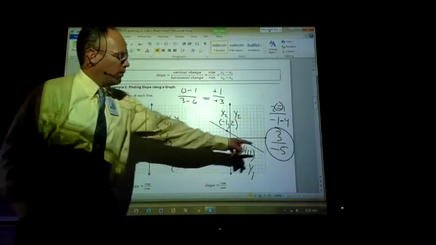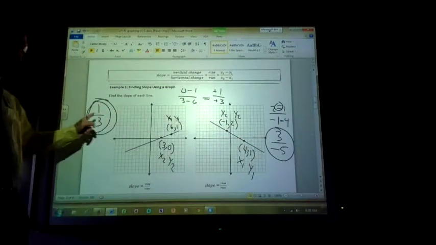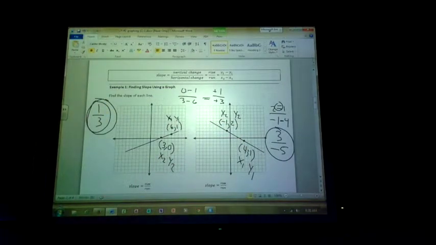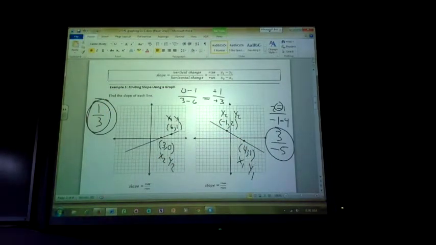So what does the slope of this line appear to be versus the slope of this line? One of them's rising, one of them's falling. What do you notice about the rising as far as the sign? It's not negative, it's positive. So a rising slope is a positive slope.